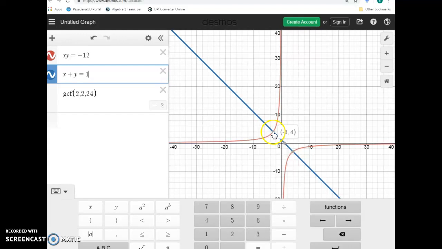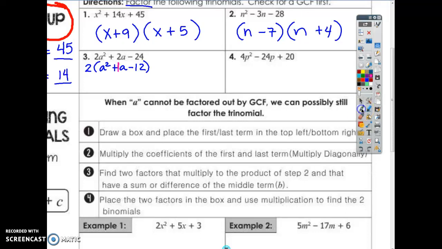Okay, so my numbers are a negative 3 and a positive 4. So when I factor it, negative 3, positive 4, I still have a times a because that gives me a squared, and I still have my 2 in the front because I need to multiply everything by 2 so that it gives me that 2 in the front. Okay, you have to keep everything together.